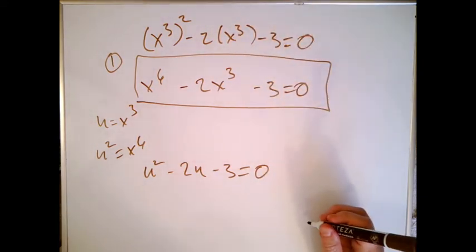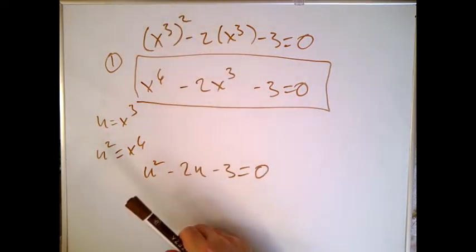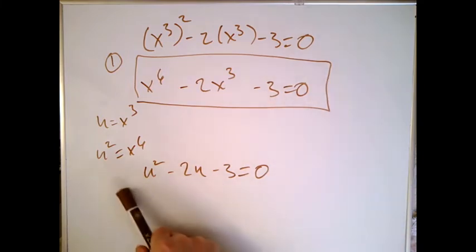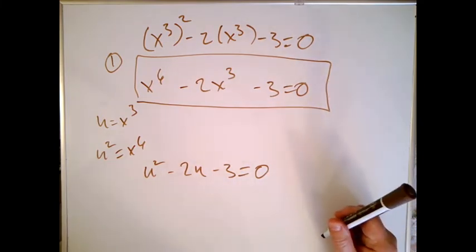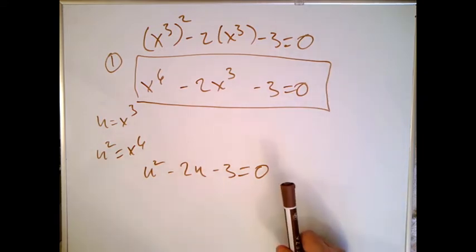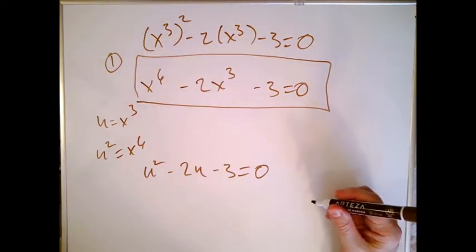You can read that as x cubed quantity squared minus 2x cubed minus 3 equals 0, or with a little bit more color, blob squared minus 2 blob minus 3 equals 0, where the blob looks like this. In other words, we can turn this equation, which doesn't look like a quadratic equation, into a quadratic equation either by a substitution or by trying to think a little bit more generally.